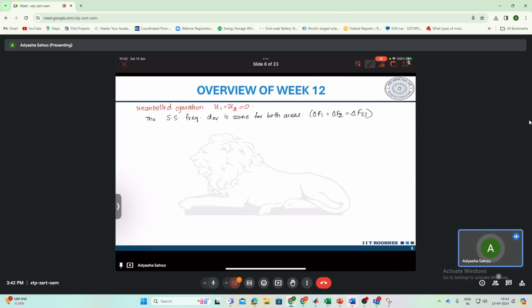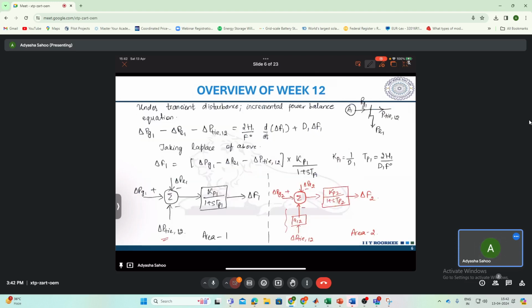Again, if I write the incremental power balance under transient conditions, what I'll be getting is delta Pg1 SS minus P tie 12 SS minus PL1 is your D1 delta f SS. Because this was for transient disturbance, basically the derivative part will not be there in steady state.